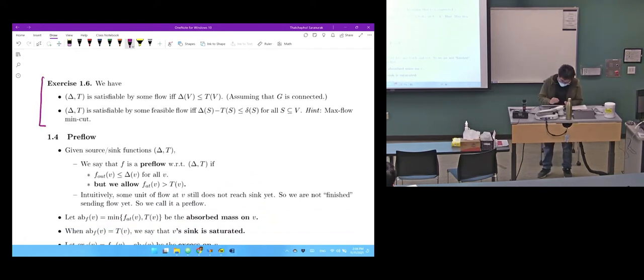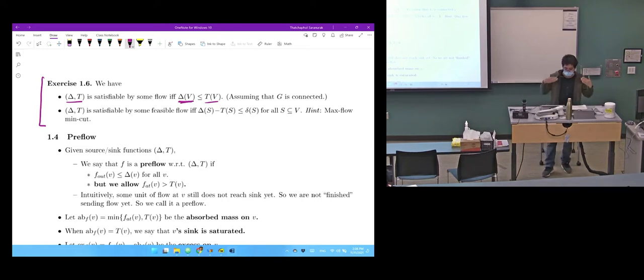And an analogous thing is true as well: what kind of demand is satisfied by any feasible flow. Here, the source-sink function is satisfied by any flow at all if the total source is at most the total sink. That makes sense.